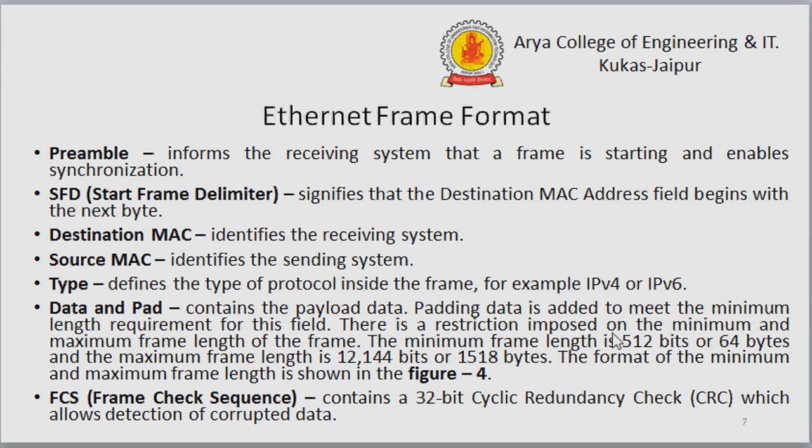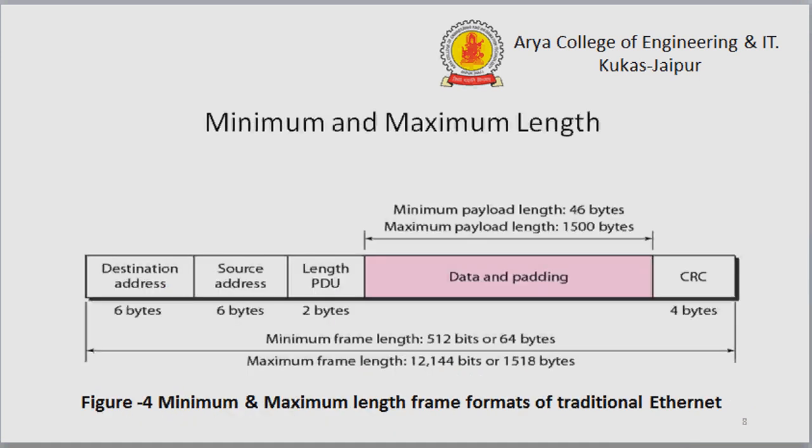There is a restriction imposed on the minimum and maximum length of the frame. The minimum frame length is 512 bits or 64 bytes, and the maximum frame length is 12,144 bits or 1518 bytes. The minimum and maximum frame lengths are shown in the next figure. Here is the data and padding.